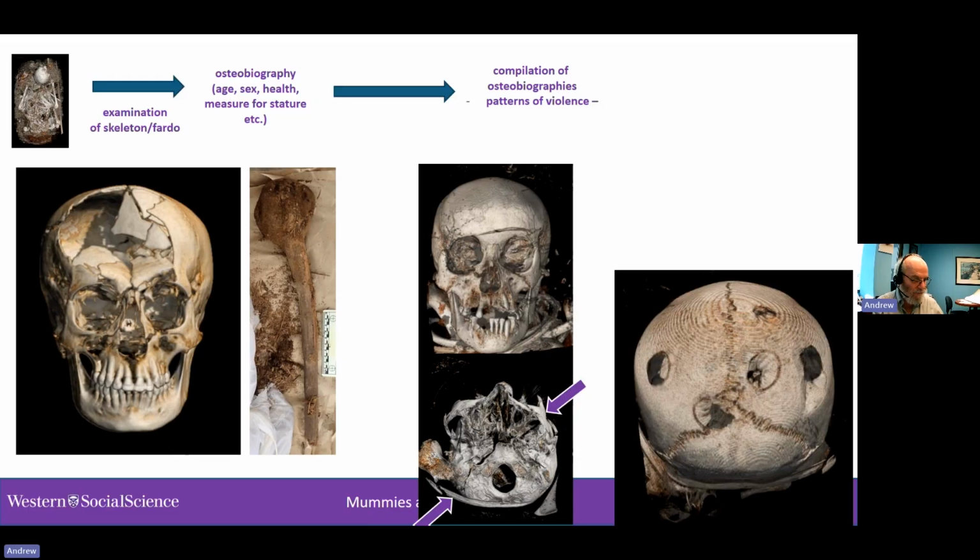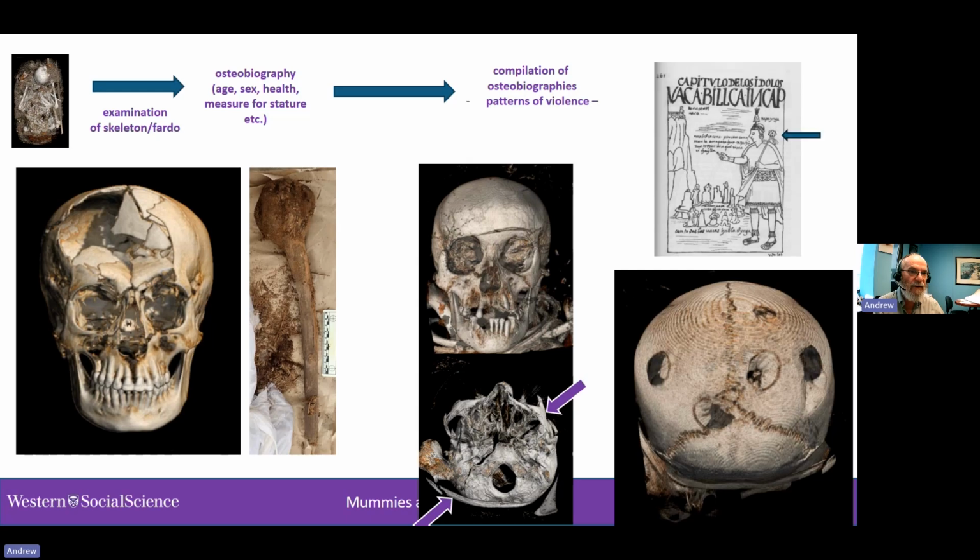For the reconstruction of what happened there, this is an illustration from one of the Spanish chronicles, and the guy has a star-headed mace club, which is the ideal thing to make those blows to the rear of the skull. As near as we can figure, the blow to the face was probably a large flat rock that weighed somewhere in the neighborhood of 20 kilos that was dropped onto the face and produced the pattern of fractures.